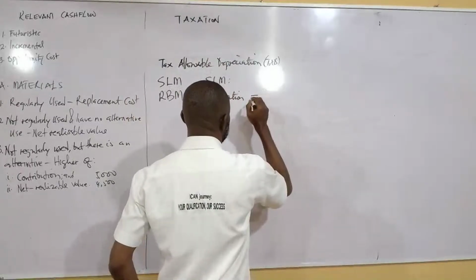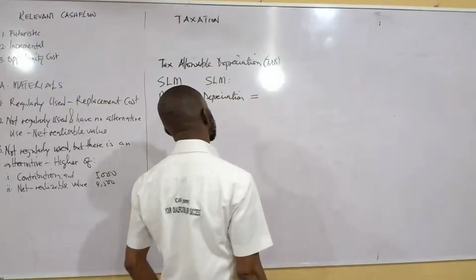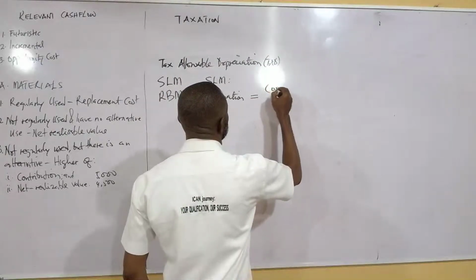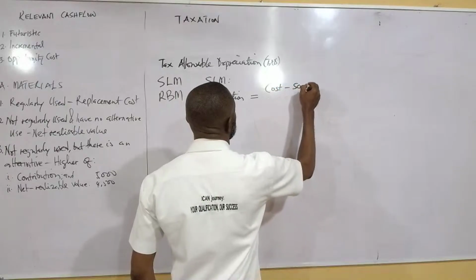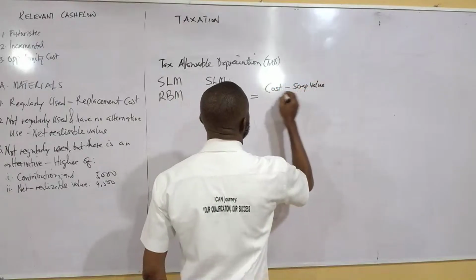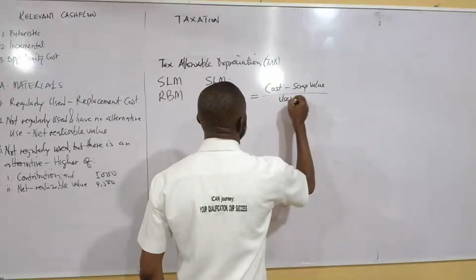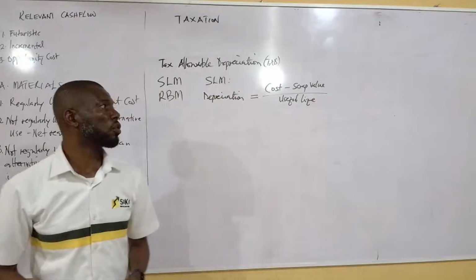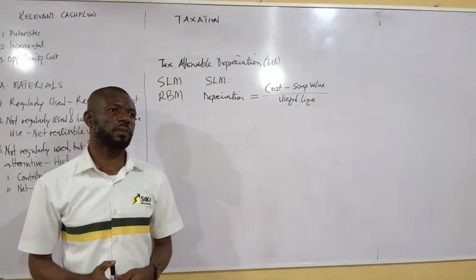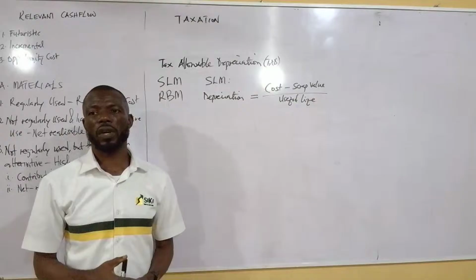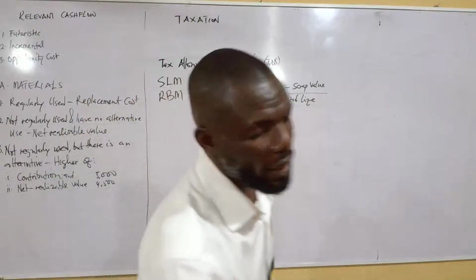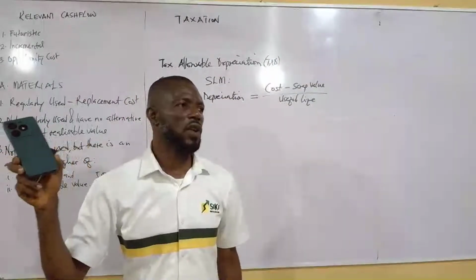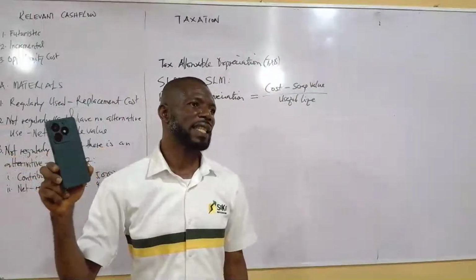Depreciation under the straight line method is cost minus scrap value, all over useful life. If you say you are buying this phone for 200,000, you will use it for 5 years, and you expect the scrap value to be 50,000.